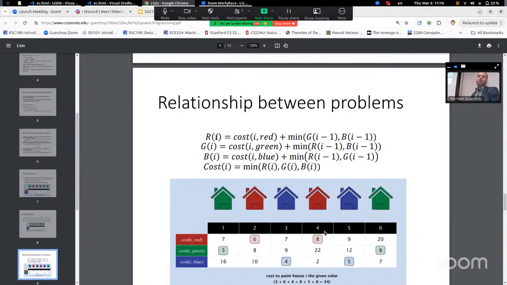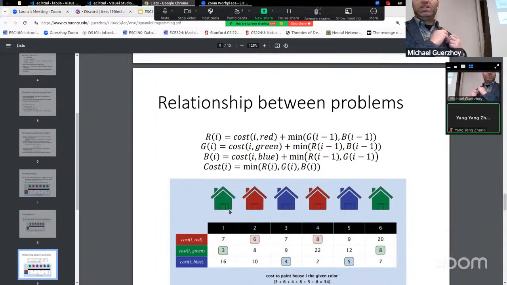So if you're saying R4, this is saying if I definitely paint house 4 red, what is the minimal cost of making everything from the left and up to house 4 painted? And the additional rule is that you're not allowed to paint adjacent houses the same color. Make sense? So that's the answer. I believe it is C.